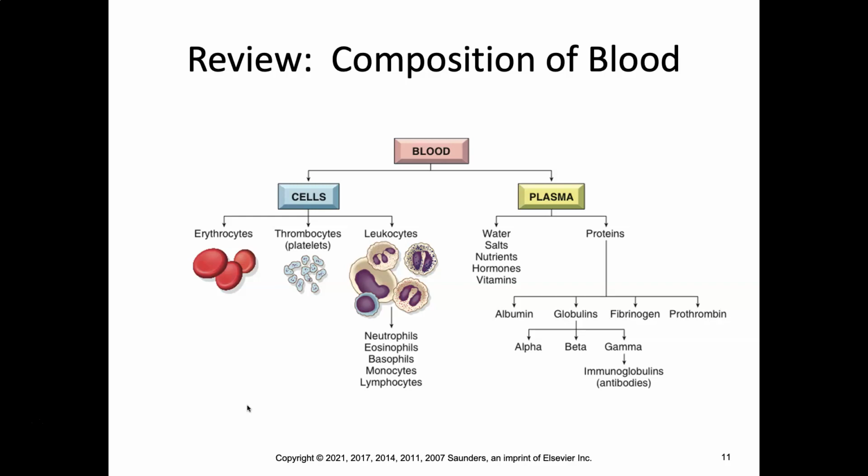Notice that the proteins are broken out from the water, salts, nutrients, hormones, and vitamins. Within those proteins, you have albumin, globulins, fibrinogen, and prothrombin. Underneath the globulins, you have alpha, beta, and gamma, and gamma are your immunoglobulins, which are antibodies that fight off infections.